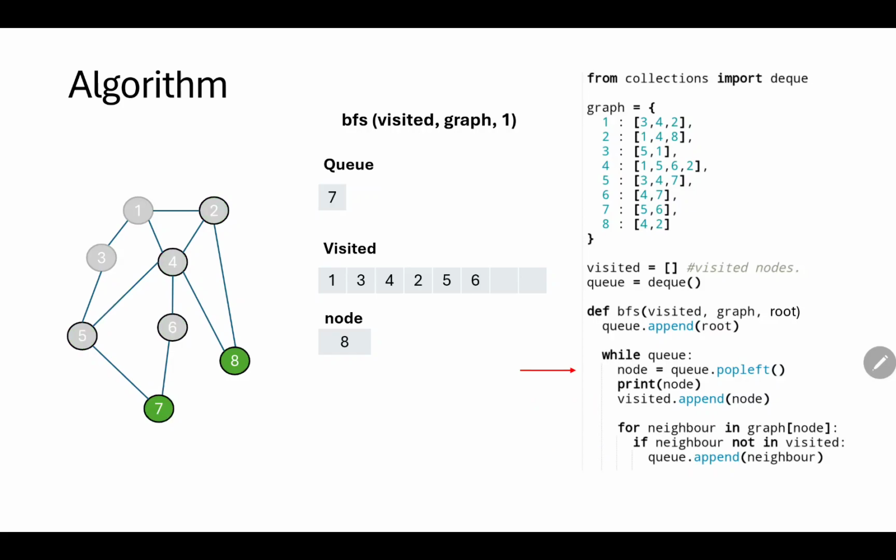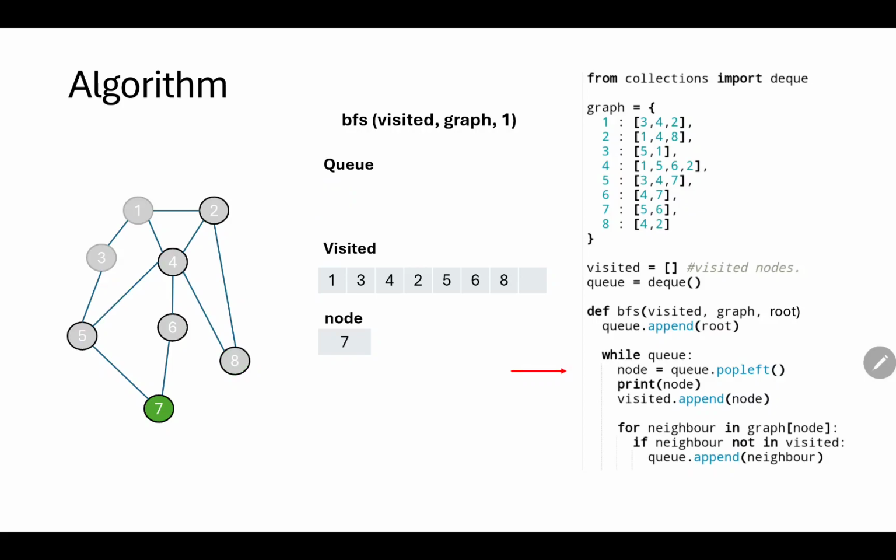Now we pop node 8. As you can see, node 7 came before node 8. This is because either node 4 and 2 were processed first, so it got added to the queue before node 7. So the nodes are going to be added according to their position in the graph or in the tree. We append. Node 8 has been processed.